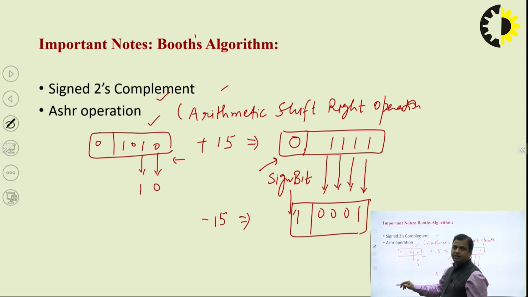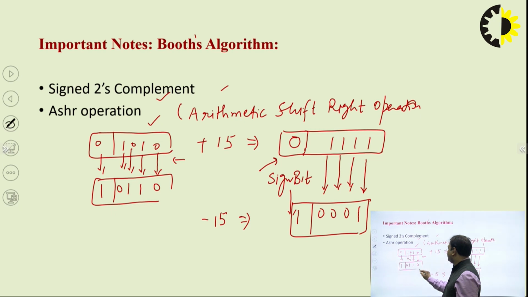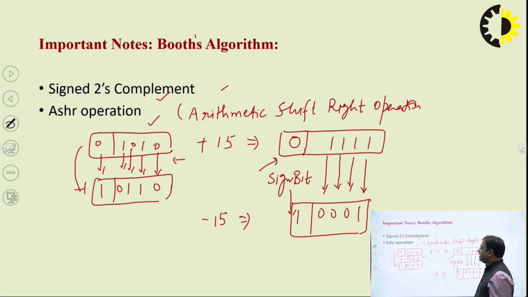After the first one, complement the bits: 1 becomes 0 and 0 becomes 1. So this is the sign 2's complement of this number. You should understand the importance of the sign 2's complement when we are working with negative numbers.